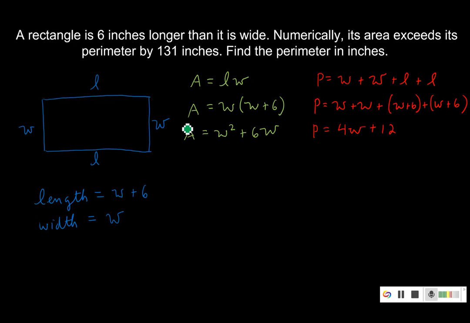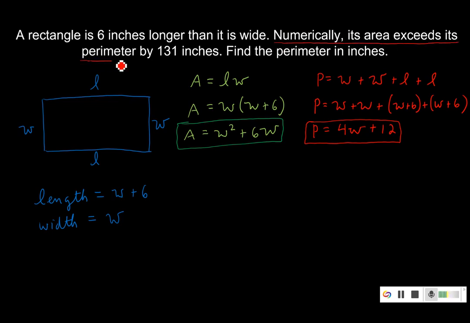Now that I have a formula for the area, and I have a formula for the perimeter, let's see what else I know about this problem. Well, the second sentence again tells me that the area of this rectangle exceeds the perimeter by 131 inches.